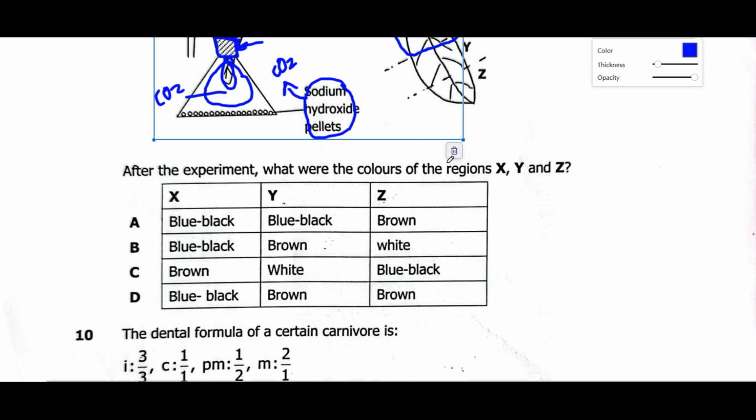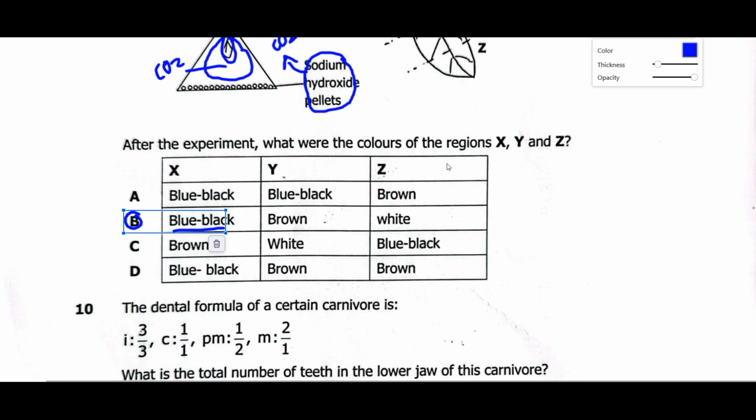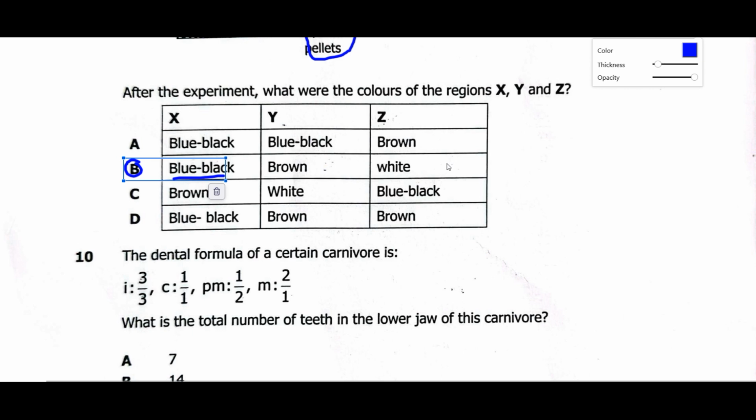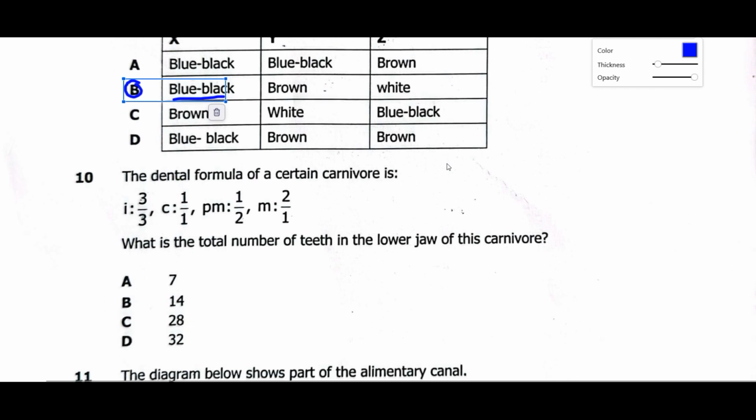After the experiment, what were the colors of the regions X, Y, and Z? So X positive, so the answer is we're going with B. X positive, Y brownish, then Z. We move on to question 10.